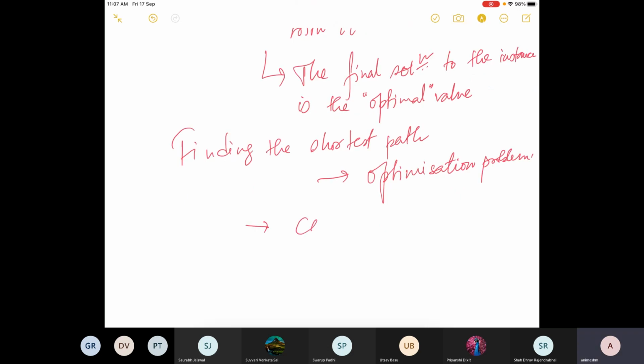Candidate solutions. What are the candidate solutions here? Sir, all paths. Yes, all paths between a pair of vertices.